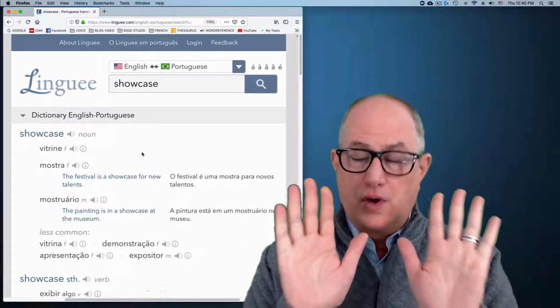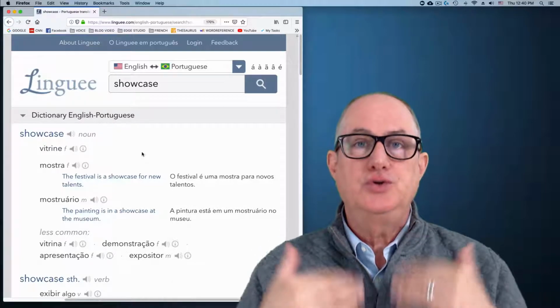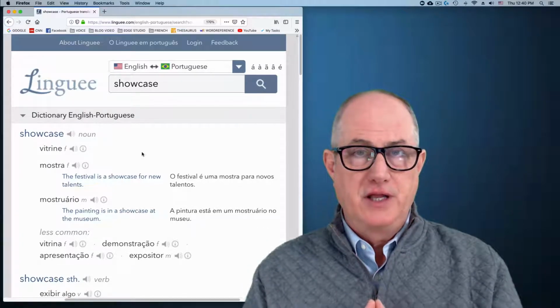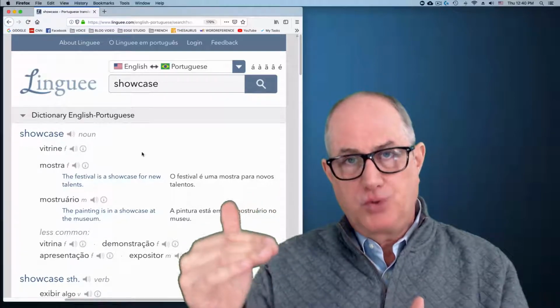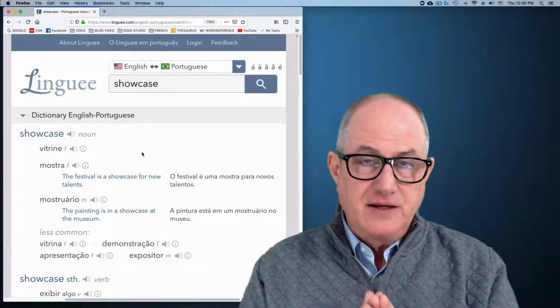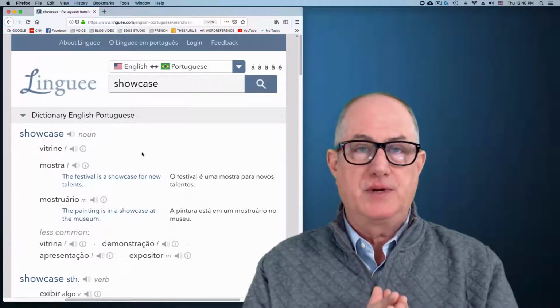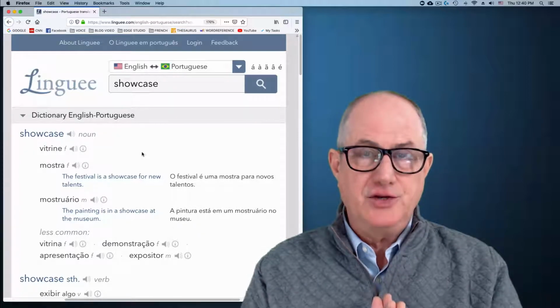Okay, so what I'm looking at here under showcase are the solutions that search engine generated, and the most common word used in Portuguese for showcase is vitrine. The second most common is mostra. The third would be mostruário.